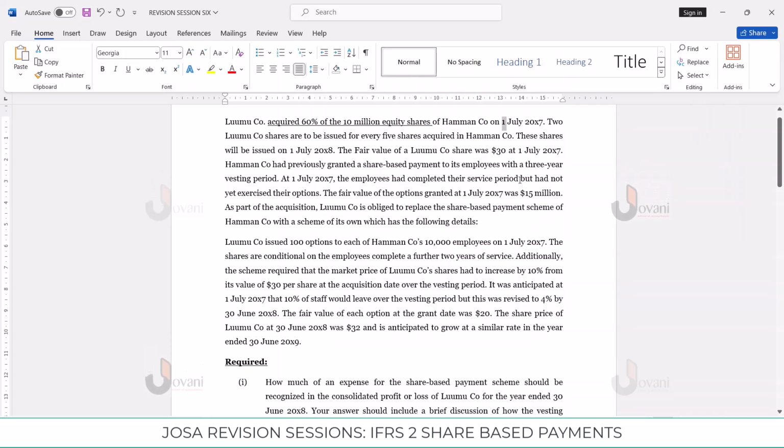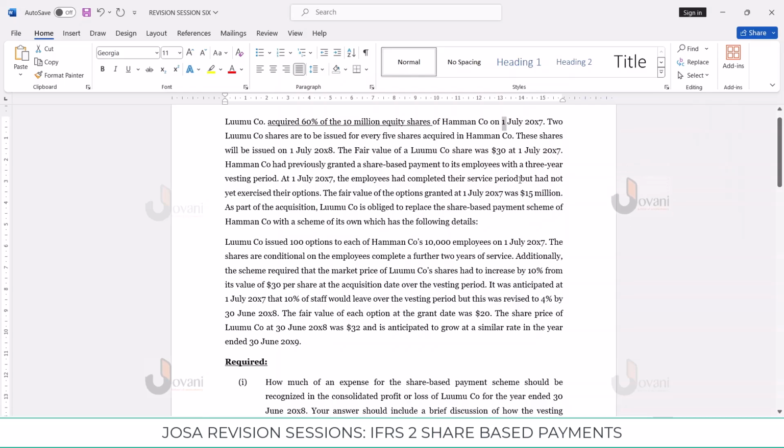The parent now issued 100 options, very important, to each of 10,000 employees. You see, on the date of acquisition of H, these guys gave 100 options to 10,000 employees.